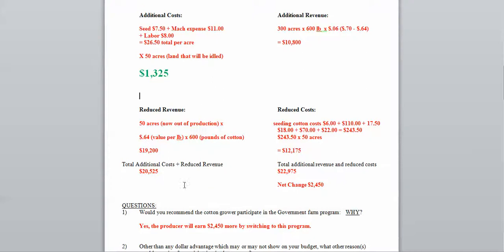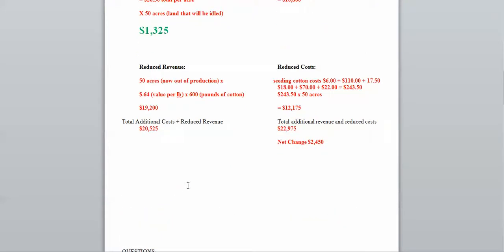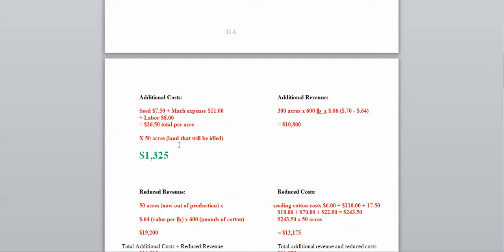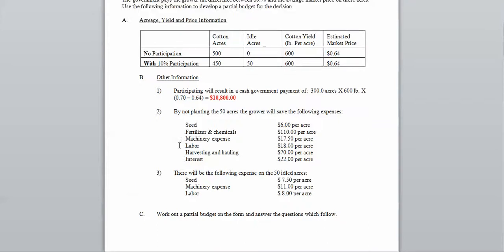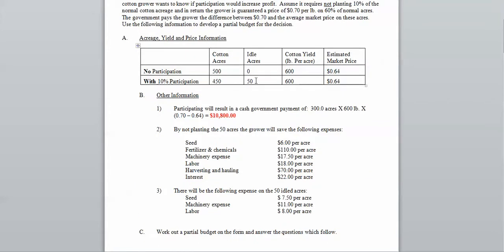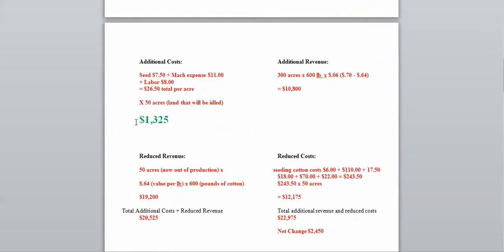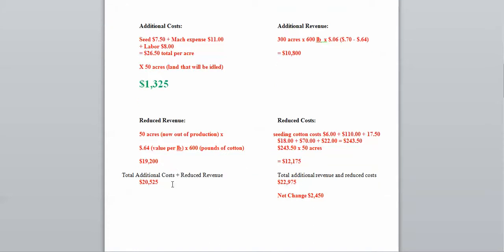The next negative, the 50 acres that are not in production. We're not going to be able to sell the cotton from those 50 acres. Remember now, because we're in the government program, we have 50 idle acres. We had to spend $1,325 to put those 50 acres into grass, and we have to give up the production from those 50 acres.